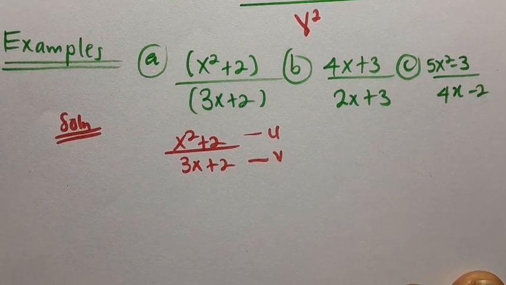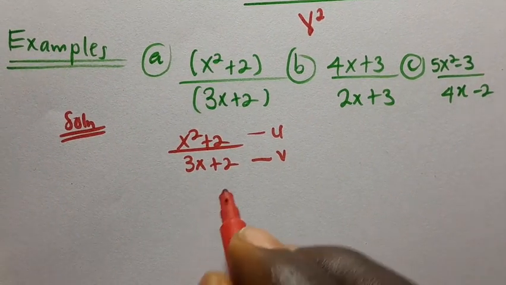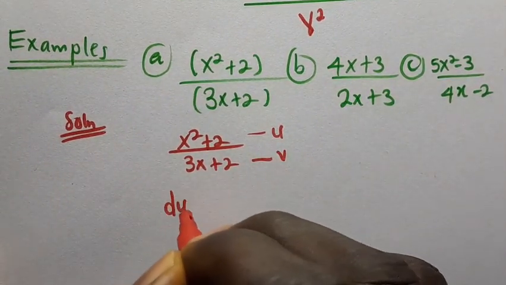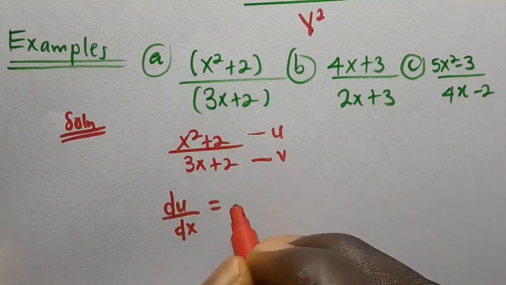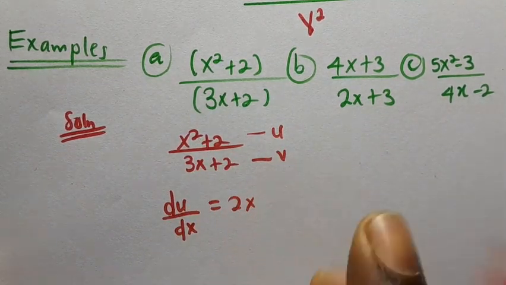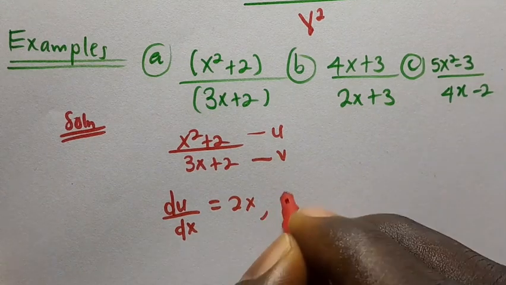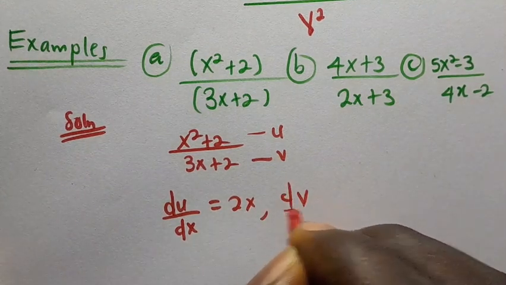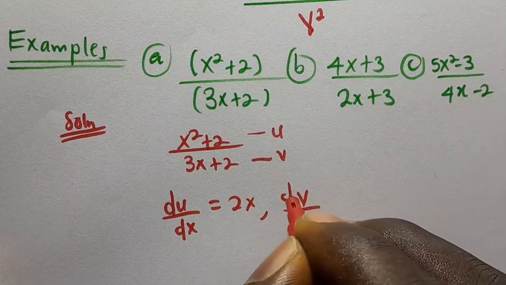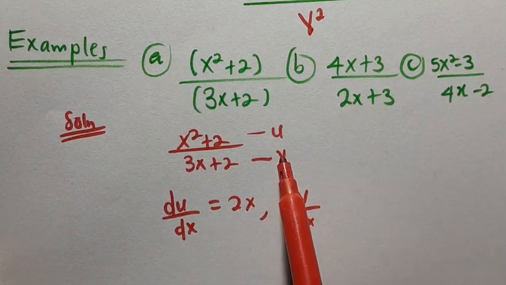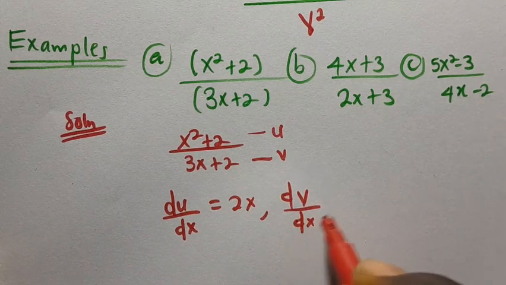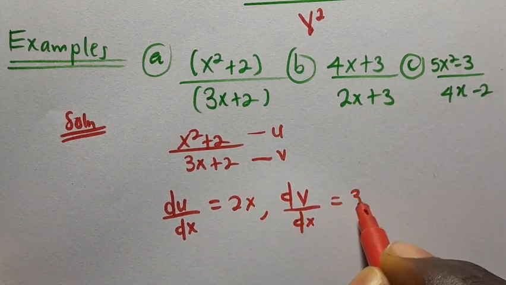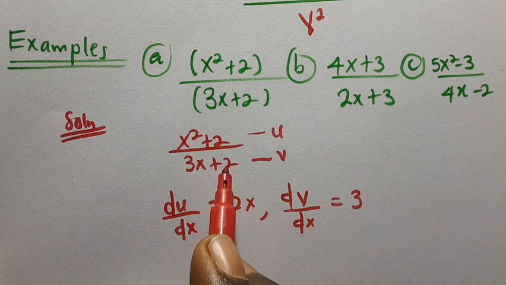So we can now obtain du/dx of this one, which will be 2x, and dphi/dx. Differentiating this function with respect to x, we are going to have 3. This will be 3, this one will be 0.